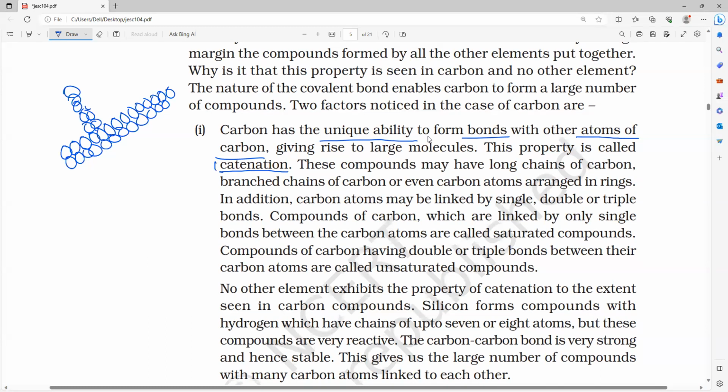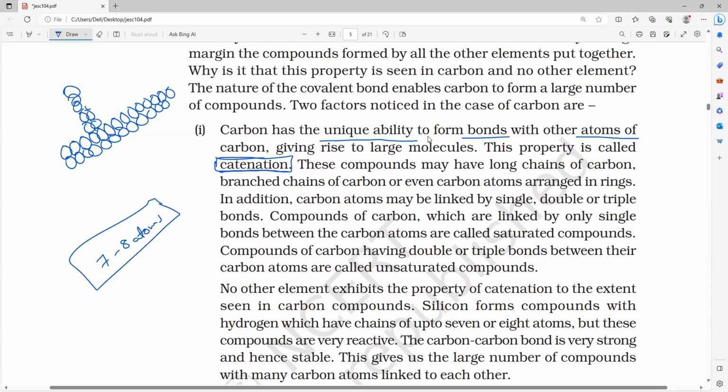That is the property we call catenation. No other element shows this property like carbon. There are several elements which show catenation, but only up to 7 to 8 atoms.